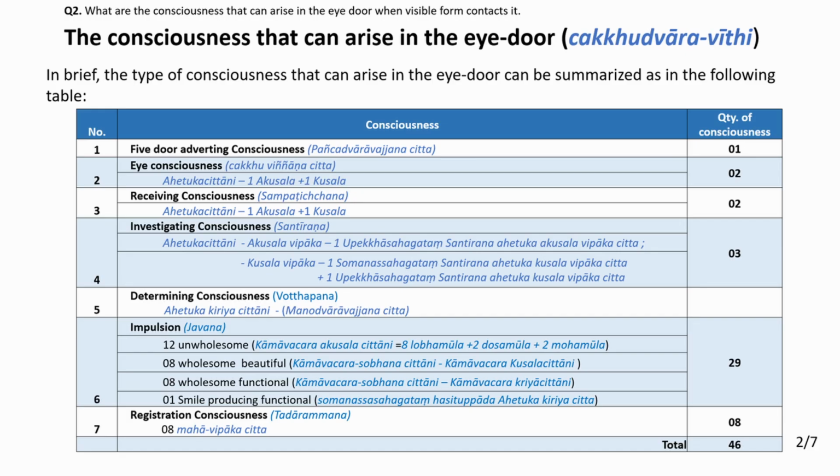Okay, I saw my mistake. Thank you. But in terms of the process, they count the bhavanga, the three bhavanga, as part of the process. But it's not part of the eye door because the objects are different. It's only when the Panchadwara Vajjana comes in that the eye object comes in already. I see. Thanks.